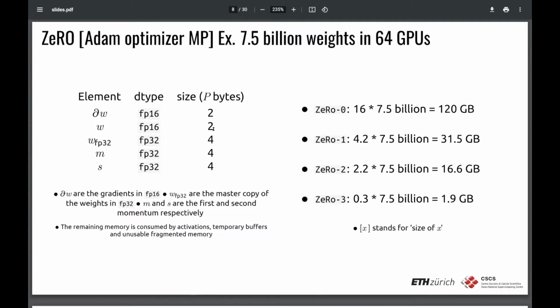so these two are not sharded, it's only the model states, and this is 12 divided by 64, which is around 0.18. So I put here 0.2 plus 4 is 4.2, and 4.2 times 7.5 billion gives us 31.5 gigabytes. And for stage 2, this one and these ones are partitioned. We get 2.2 times 7.5 billion bytes, so 16 gigabytes.